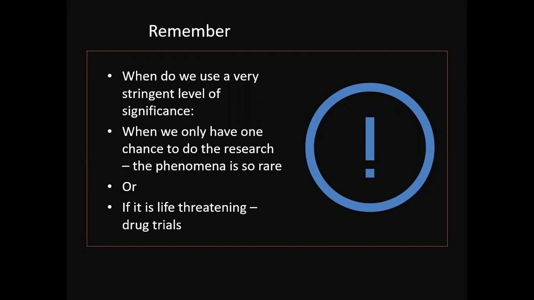So we want to make our level of significance really stringent then, so that we're as near as possible to 99% correct, and we only allow for 1% chance. So really that will minimize the amount of deaths that we may have in a drug trial. So these are the two key reasons that you need to know why our level of significance may become extremely stringent. But let's move on.